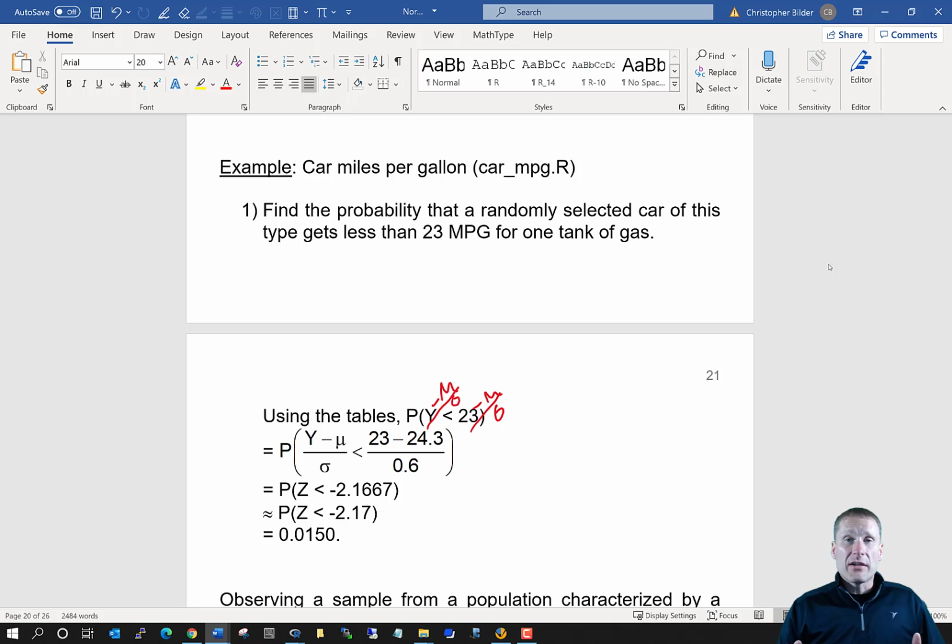That's not going to change anything because I'm doing it to both sides of the inequality. Well, what is y minus mu over sigma? Well, that's our z. And if I were to actually put in the values of mu and the corresponding value of sigma there and do the math, I get negative 2.16 approximately. Go to my table for actually negative 2.17 if I round, and I get exactly the same probability as what we got before.